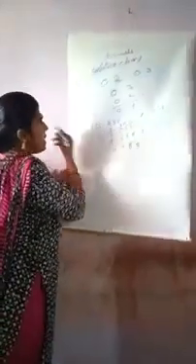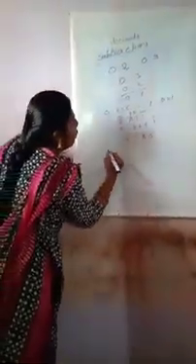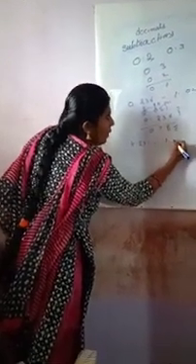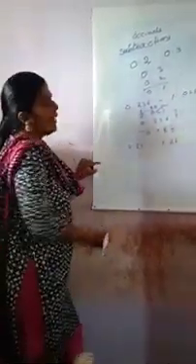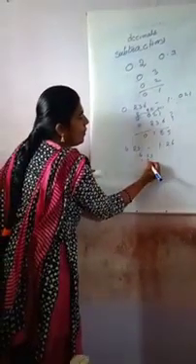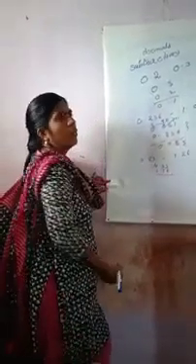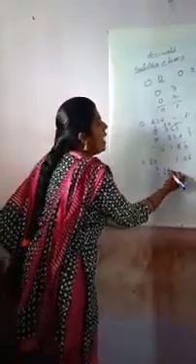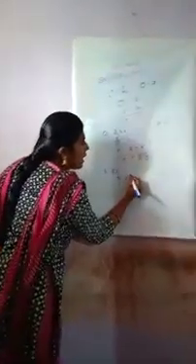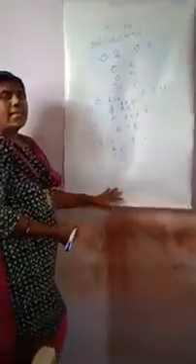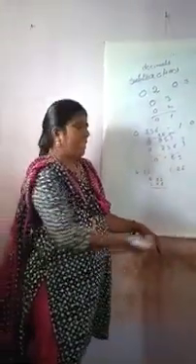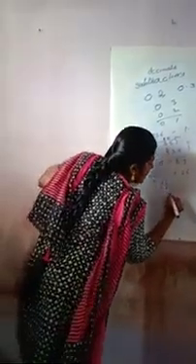0.785. Next, 4.23 minus 1.26. Okay, 4.23, 1.26. So 3 to 6, now you can take to the next face value 1, 13. 13 minus 6, how much, children? 7.